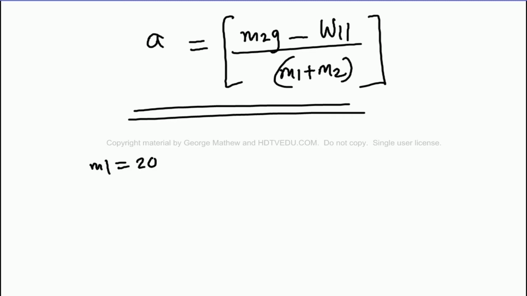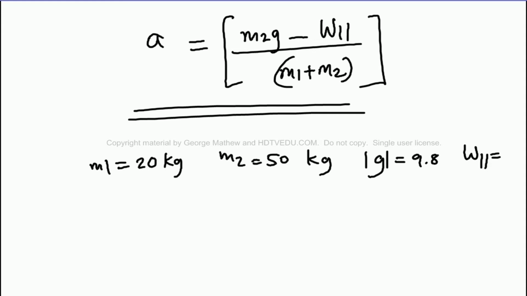Don't forget, M1 is 20 kg, M2 is 50 kg. G, the magnitude of the acceleration due to gravity, is 9.8. W parallel equals 98. So you substitute all those numbers, and what do we get?